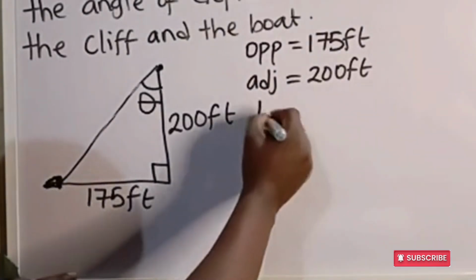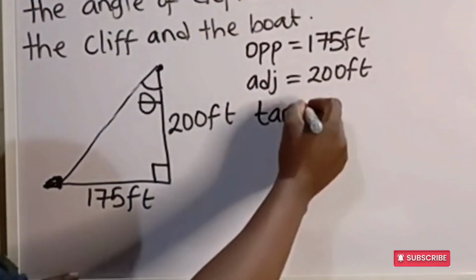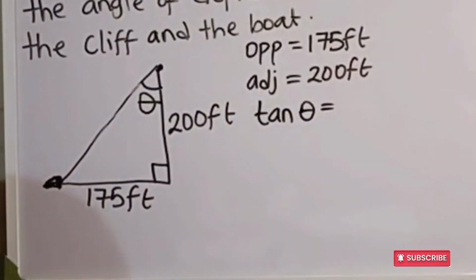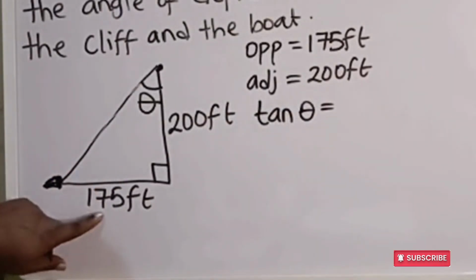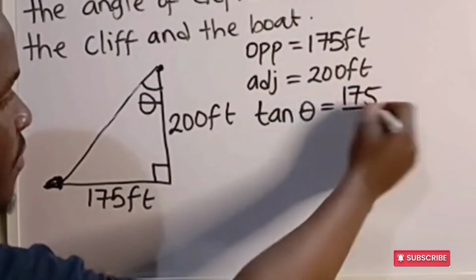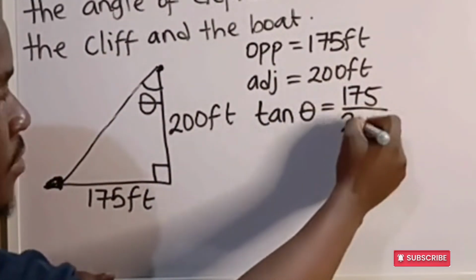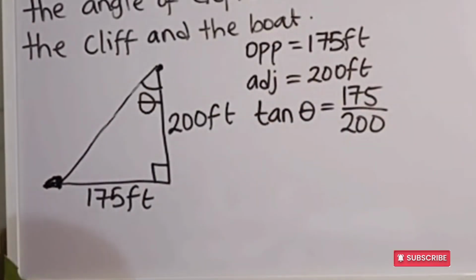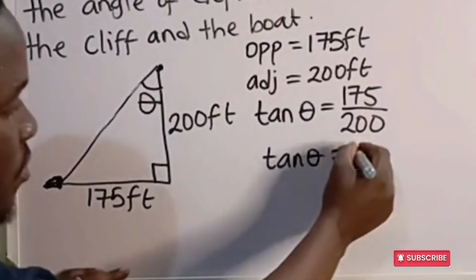So tan theta is equal to opposite over adjacent. The opposite is 175 divided by the adjacent, 200. So what's 175 divided by 200? 0.875.